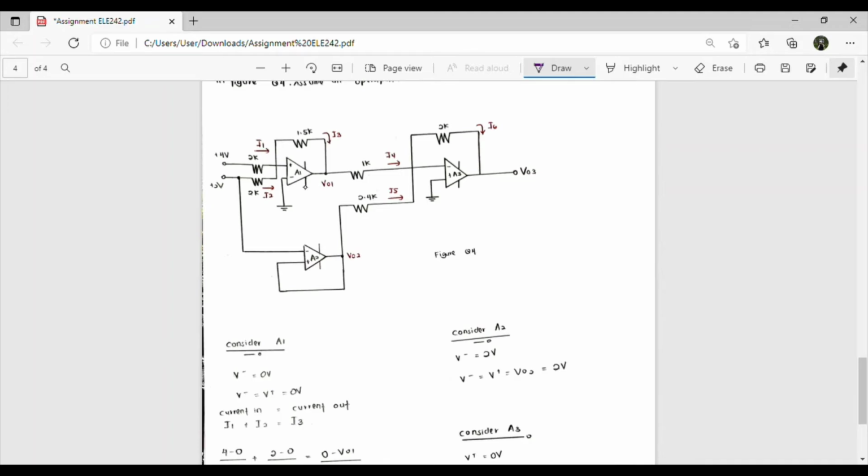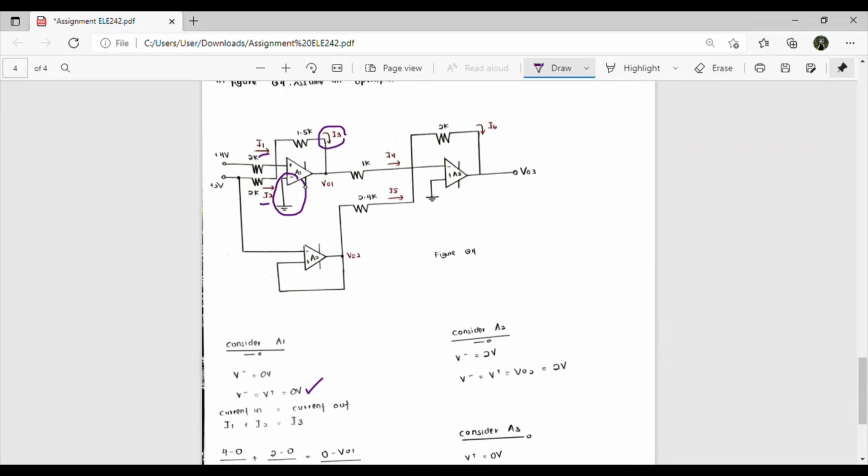Then we get that V minus is equal to 0 volt. So V minus is equal to V plus is equal to 0 volt in here. Then we apply current in equal to current out. I apply this I1, current in I1 plus I2 equal to current out, which is I3.